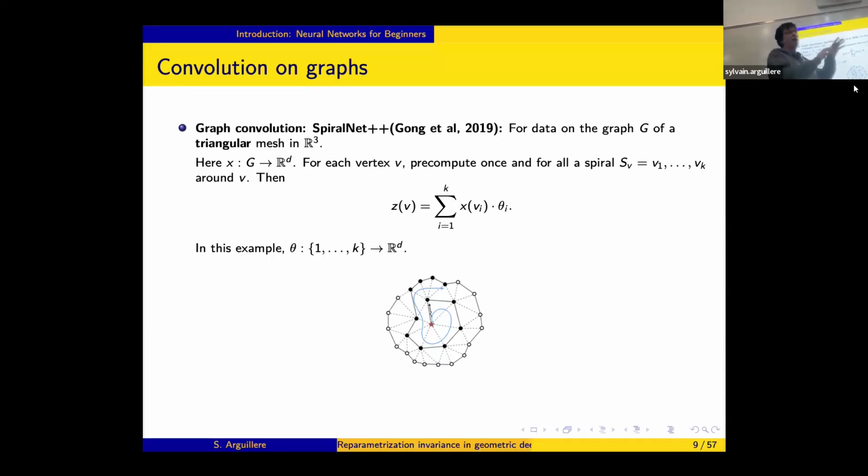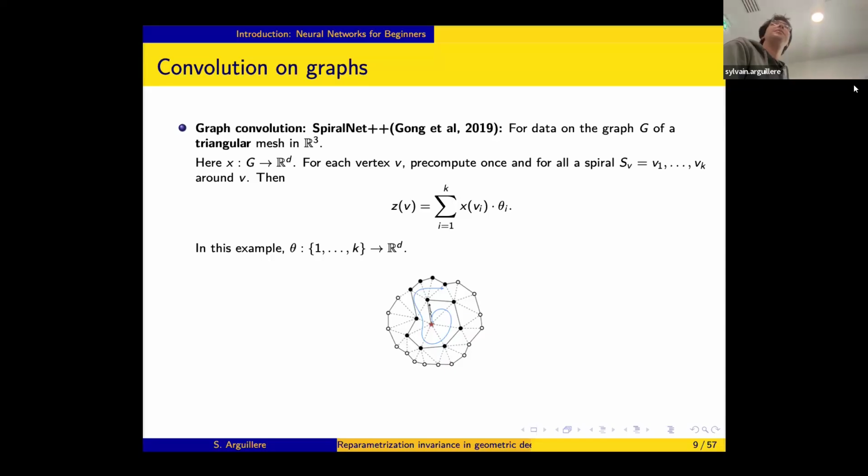And so for every point, you have a pre-computed spiral, and the coefficients of the linear transformation are the weights that you optimize, and it's just one way to do some convolution in the same way as you had convolution filters before.